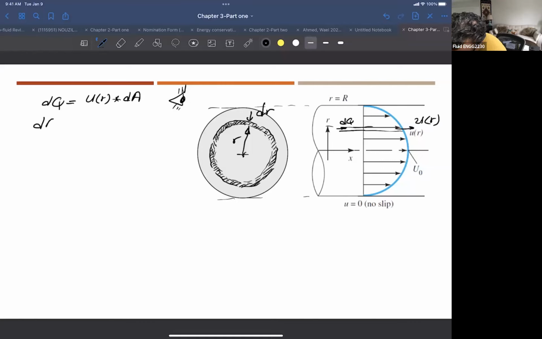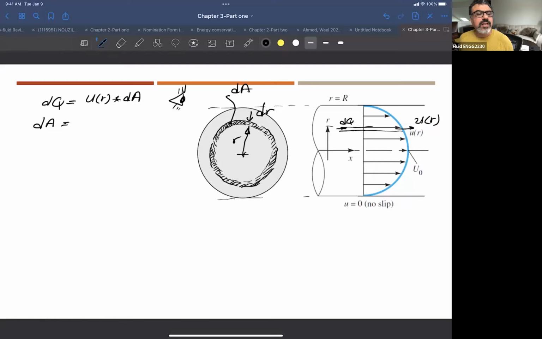What is dA here? What is the area here? Can you tell me? What is this dA here? All this area. Quickly, please, guys. I need to finish a certain amount of information today.